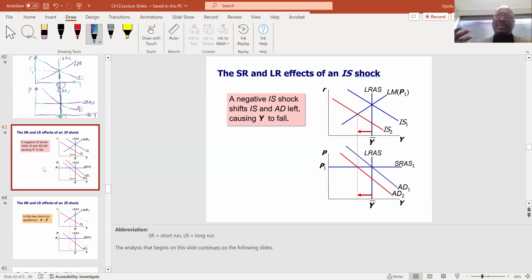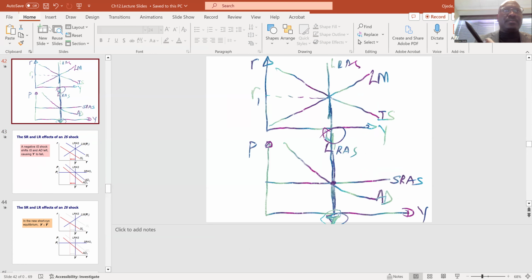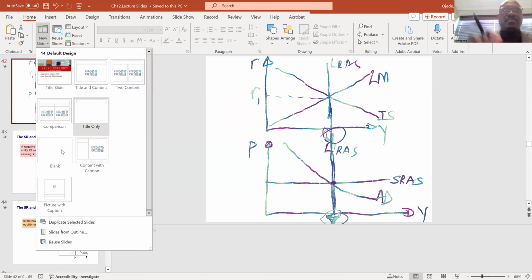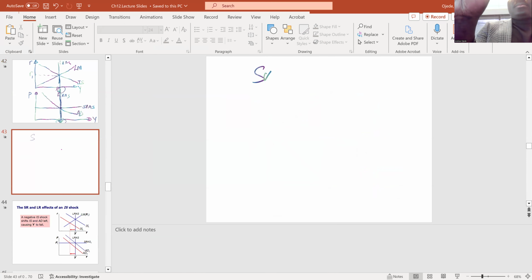In this example, anything that shifts the IS curve to the left is a negative IS shock. It also shifts the aggregate demand curve to the left. For example, let's say, suppose Congress cut spending.